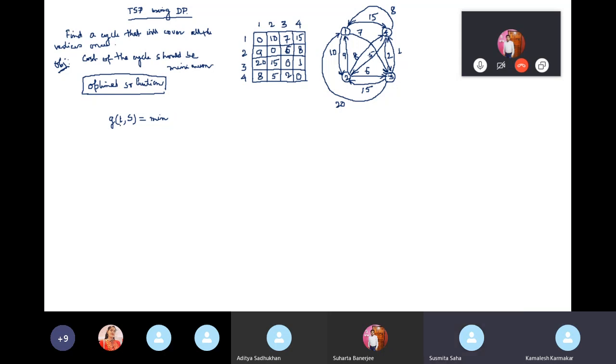So if we start from a vertex randomly, say this vertex number is 1, then we have to visit all other remaining vertices, because a TSP cycle will contain all the vertices. The remaining vertices are represented by this set S. Now we have to find this minimum cost. So from vertex 1, what can be the next vertex?